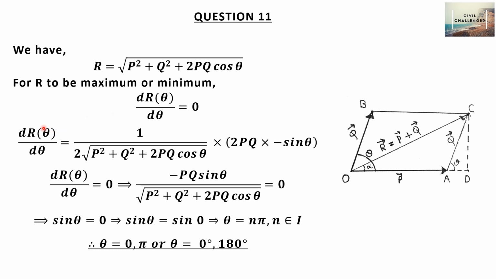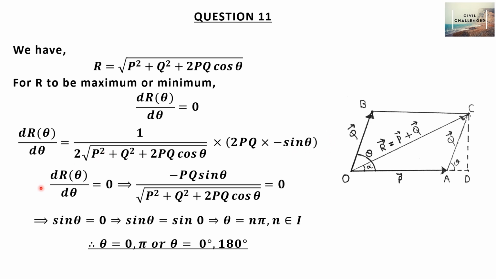So the derivative of the resultant, which is a function of theta, with respect to theta, will be 1 by 2 root u. U is equal to P square plus Q square plus 2PQ cos theta, and then the derivative of u, where P square and Q square are constants, so their derivative will be 0, and then it's 2PQ into cos theta's derivative, which will be minus sin theta.